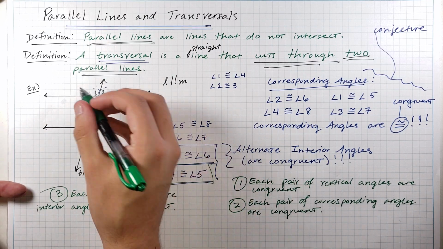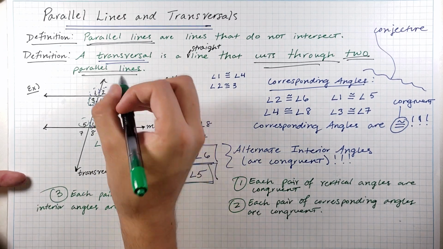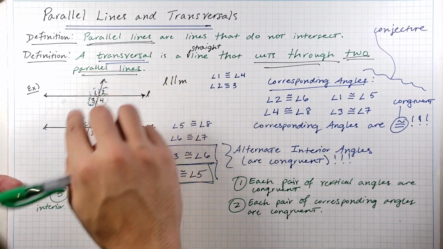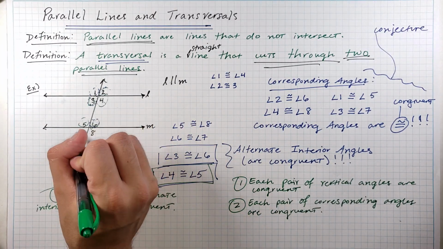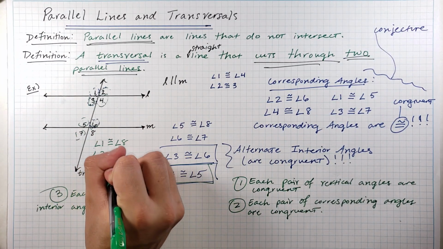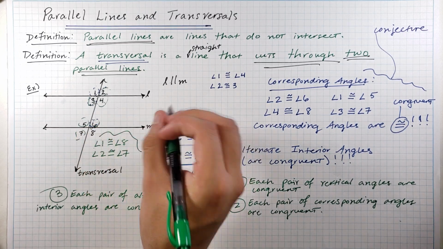So what we could add here is angle 1 is congruent to angle 8, and angle 2, alternate exterior on the outside of the parallel lines, is congruent to angle 7. Angle 2 is congruent to angle 7. And who knows, maybe that'll help you out on a problem.